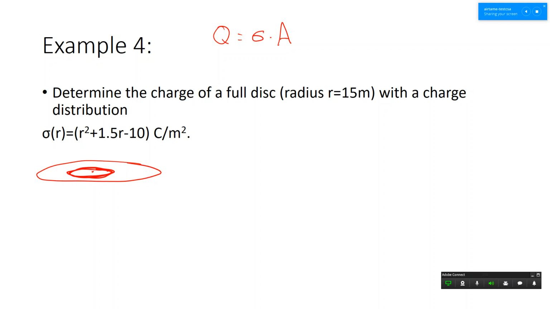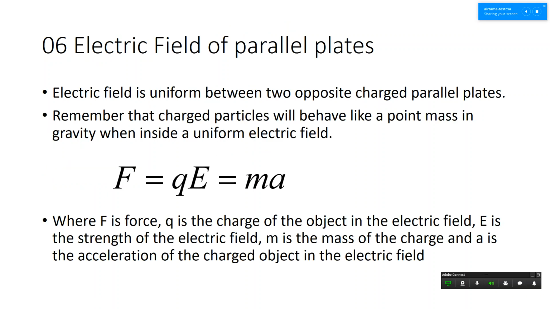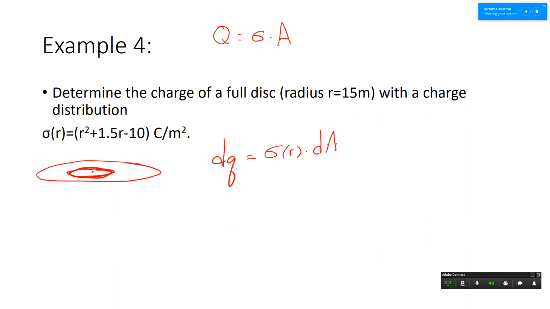So the charge for this one ring, dq, is going to be equal to sigma as a function of r multiplied by dA. Sigma, we know what it is. It's r squared plus 1.5r minus 10.